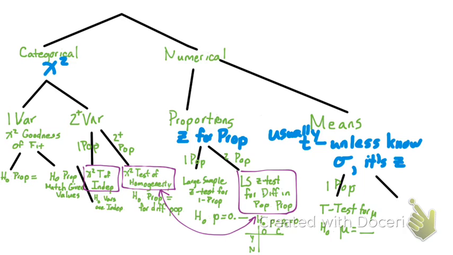If I have two populations, it's important to make sure that these two populations are actually independent, because what I'm going to do is an independent two-sample t-test for the difference in population means.